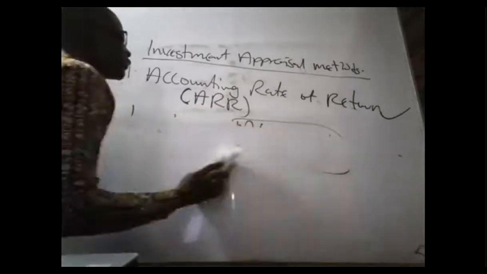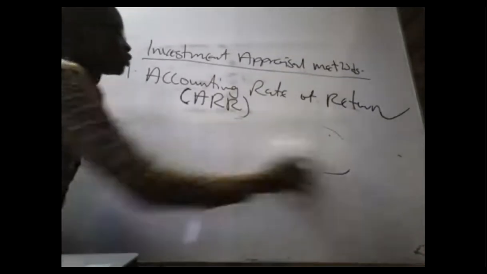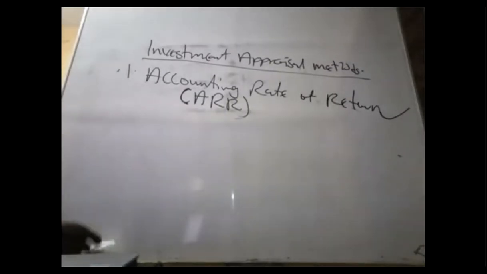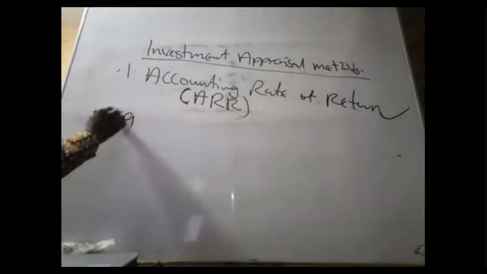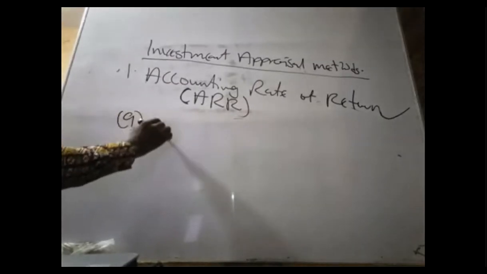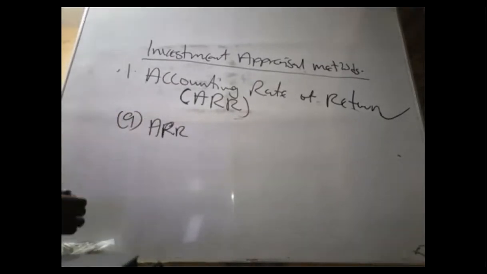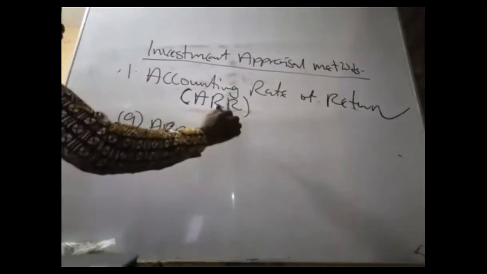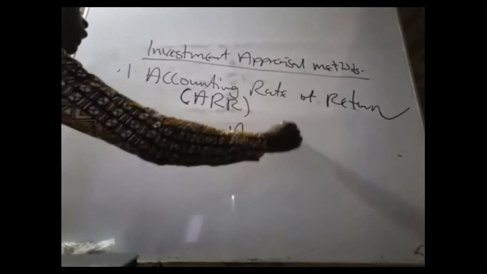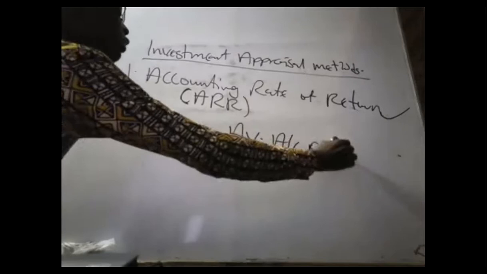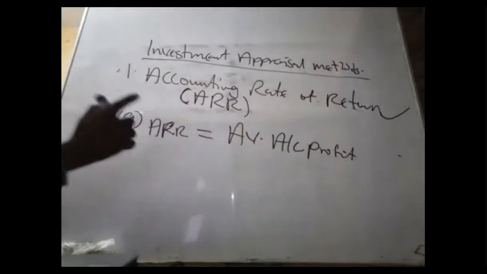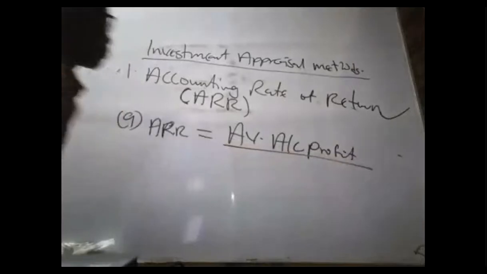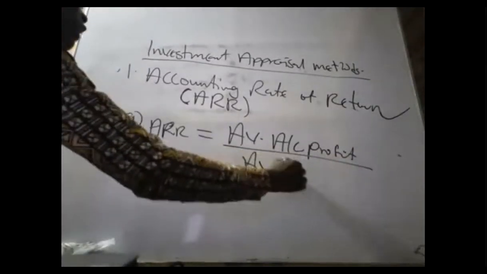Now let's go straight to the formula. The formulas are two. A good examiner will tell you which one to use. So now, being informed, select the best one or the first formula. Formula number 1: accounting rate of return, ARR for short, is nothing but average accounting profit, not taxman's profit, accounting profit, all divided by average investment.